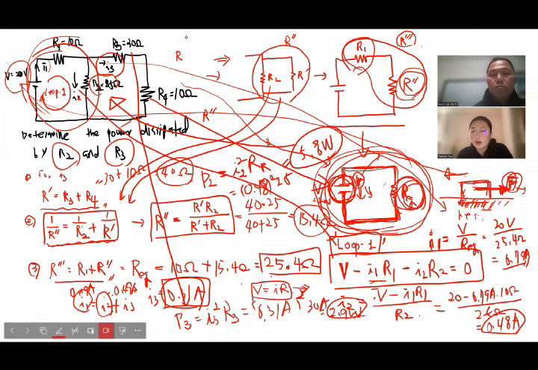You plug in R for R1, and the I you previously calculated, and you're able to find the voltage of R1. Then you can also figure out the voltage for R double prime, since they have the same current. Once you know the voltage, it is going to be the same for all of the resistors in R double prime. So you kind of just work backwards using Ohm's law.